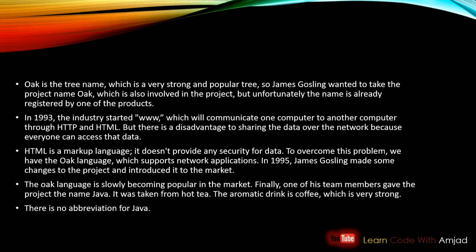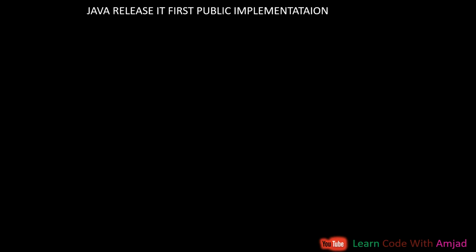It was taken from hot tea, the aromatic drink coffee, which is very strong. There is no abbreviation for Java. Now let's see when Sun Microsystems released its first public implementation. Java released its first public implementation, Java 1.0, on Jan 23, 1996.